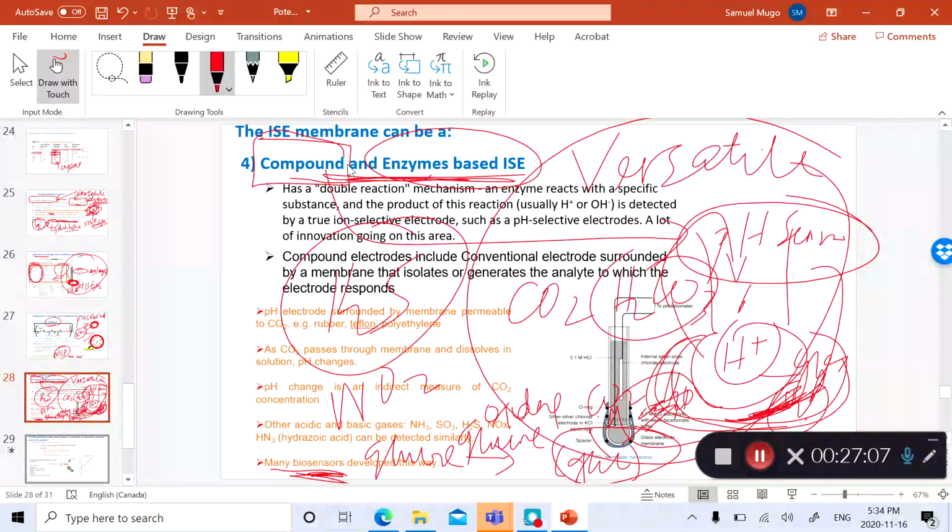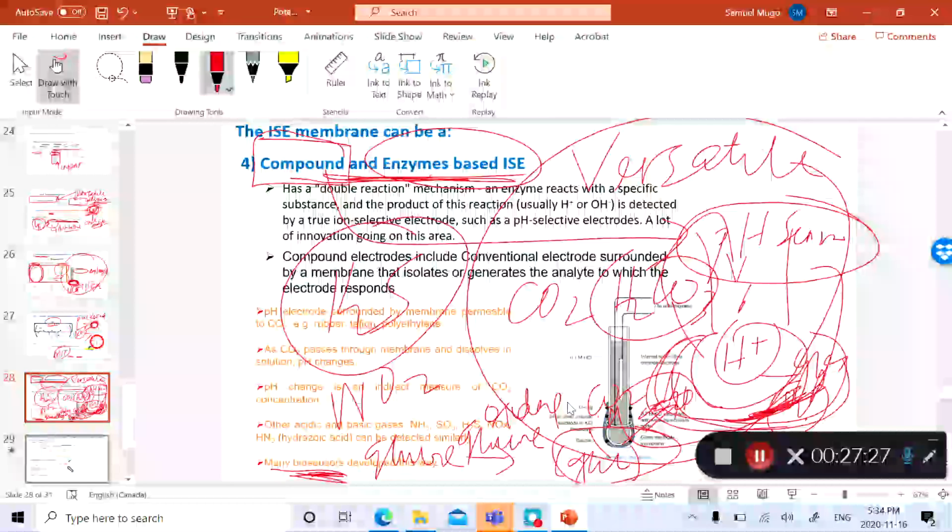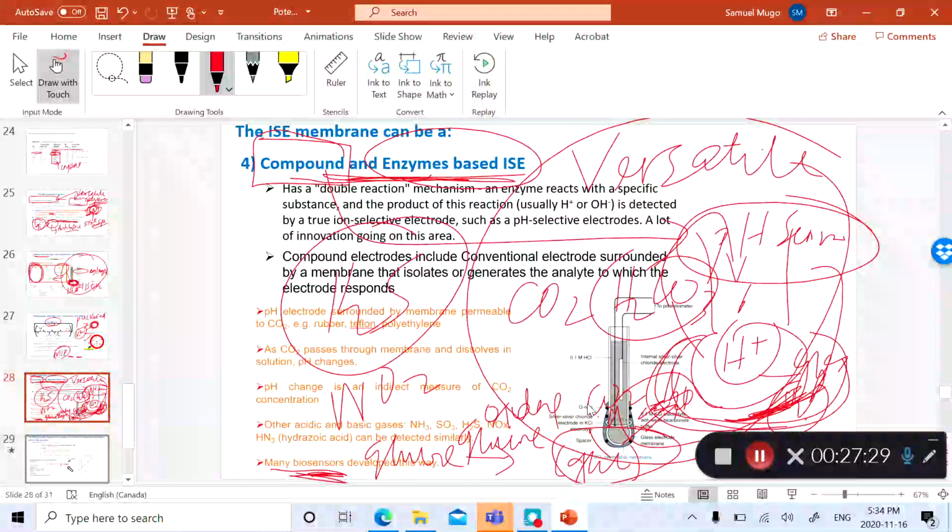So take note of that. The fourth type of ion selective electrode, they call it compound or enzyme-based ion selective electrode, which, as I've said, the basis of it is just adding another membrane, impregnating it with an enzyme or making it selective to carbon dioxide, and taking a very simple pH electrode and using that as method of detection.